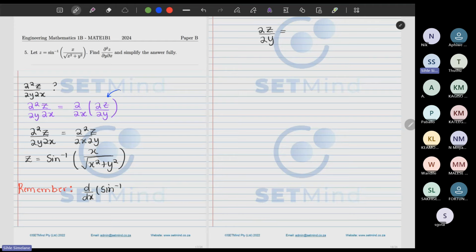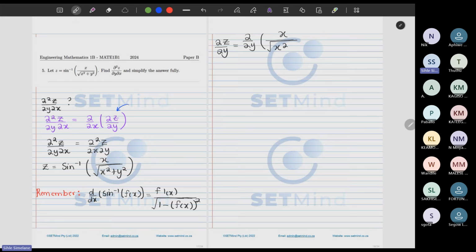By chain rule, we should derive with respect to y what is inside, which is x divided by the square root of x squared plus y squared, and then divided by, this speaks to the formula that you gave me, the square root of 1 minus whatever was inside the inverse. So if you look carefully, we had x over the square root of x squared plus y squared all squared. Right. So this is what we need to deal with.